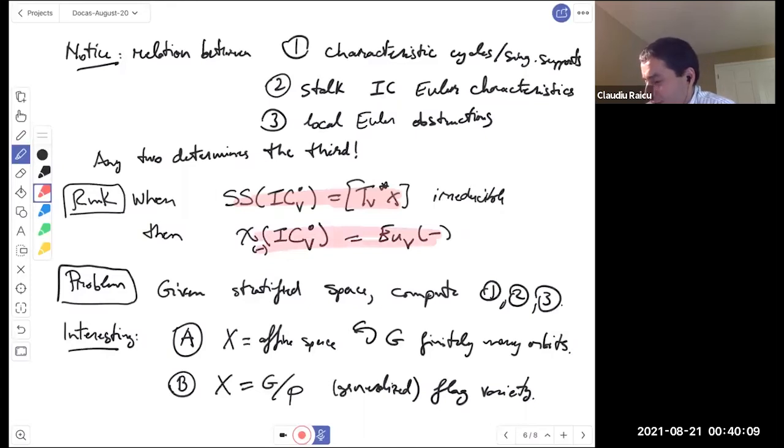And this happens for the general matrices and for skew symmetric matrices. The singular supports are always irreducible, but for symmetric matrices, they can have two components. So somehow the symmetric case is a little more complicated because of that.